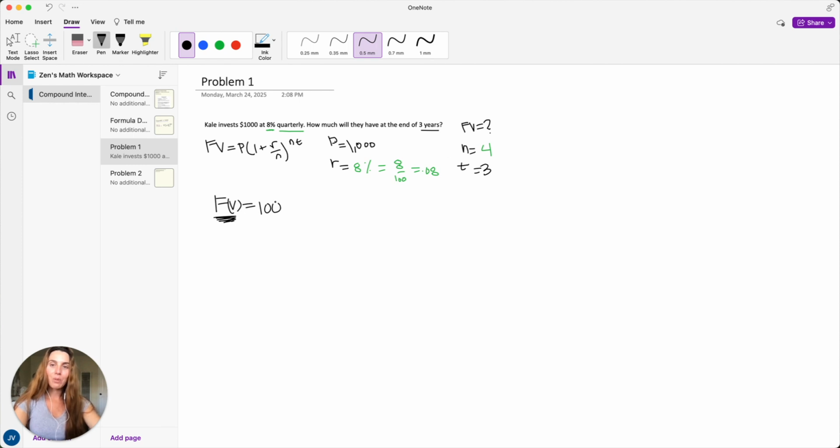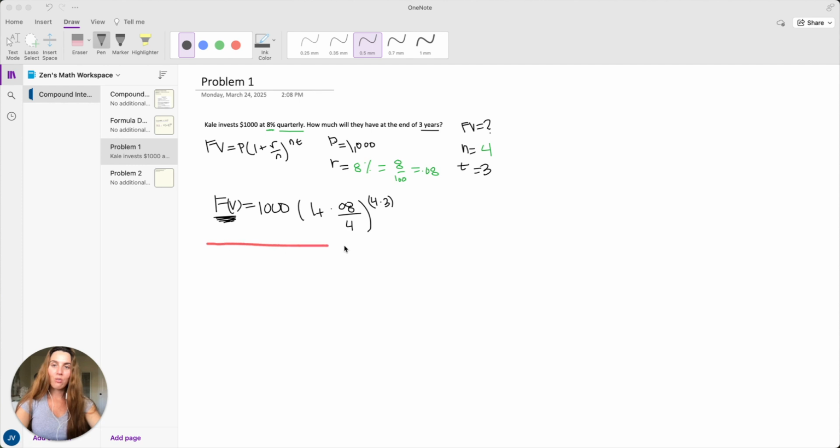So here is P, it's $1,000. 1 plus my R, which is 0.08, over N, which was 4, that's the quarters, times N of T, which is 4 times 3. Now I know I could put 12, but I'm going to leave it because we're just learning it. All right, so that is my equation with all of my components plugged in.